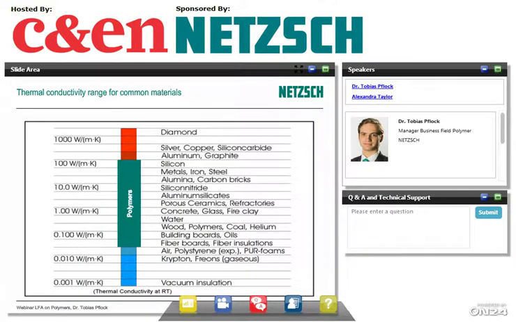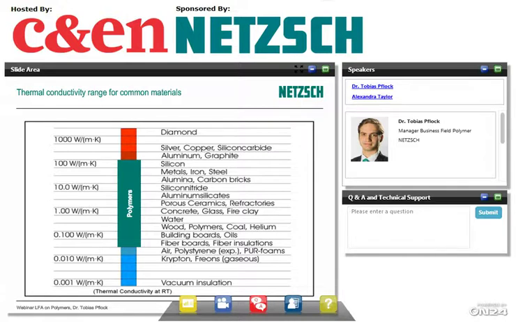To take a step back still and to show you the entire world of thermal conductivity, of course, polymers are only a very small part of all the different materials. We range between thermal conductivities of up to 1,000 watt per meter Kelvin, which is the unit of thermal conductivity, where we have diamond, down to insulation materials. Down at the bottom at 0.01 watt per meter per Kelvin, you see gases or foam materials and so on, vacuum insulation at the very bottom.